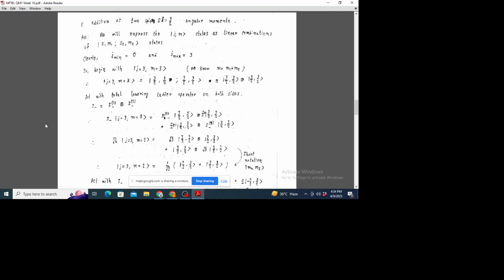So have you practiced how to add angular momenta or not? Like addition of two spin 1, or L equal to 1 and spin equal to half. So have you practiced?